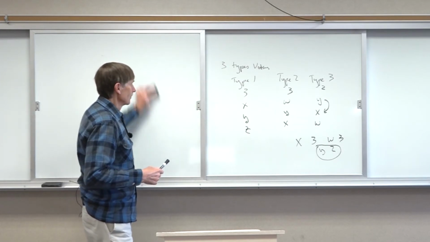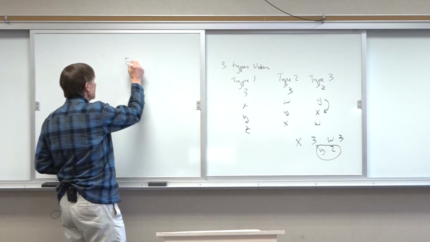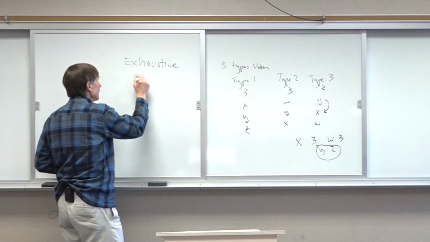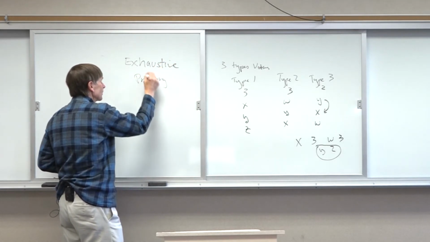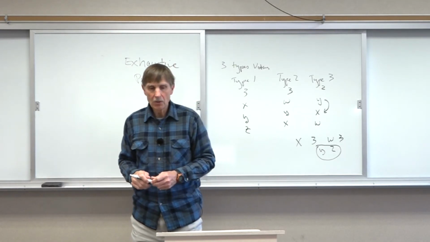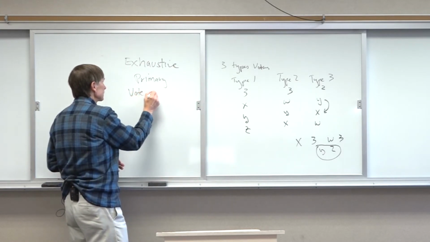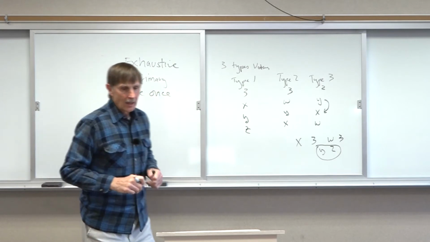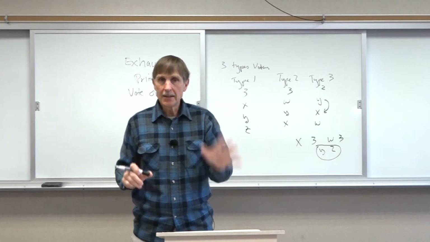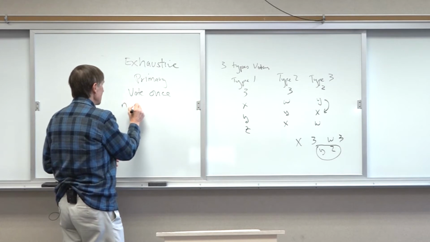All right. The next thing that we're going to talk about is the exhaustive primary. And the way this is going to work is you vote once, okay? But what you do is that if there are n candidates, you get n minus 1 votes, okay?